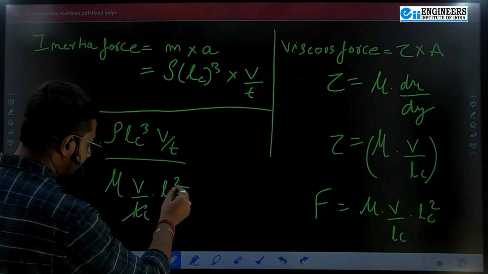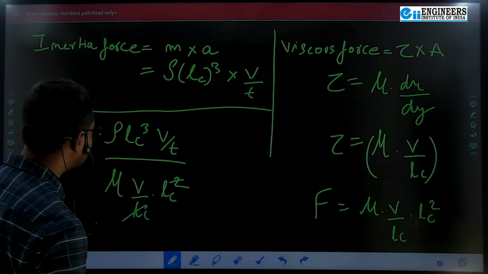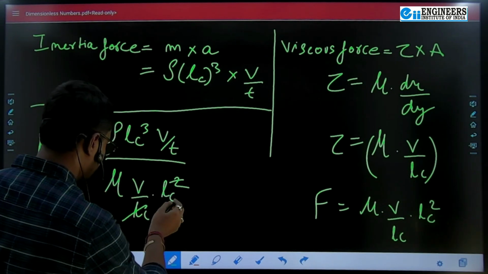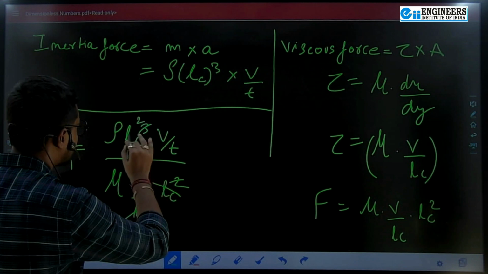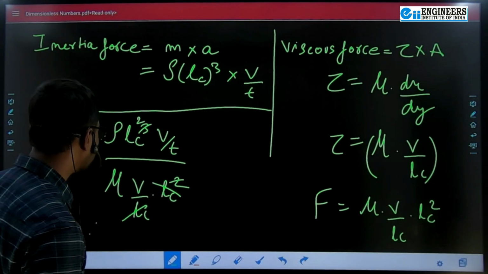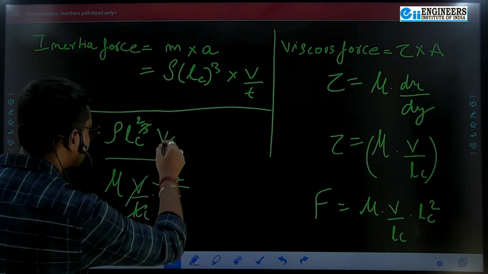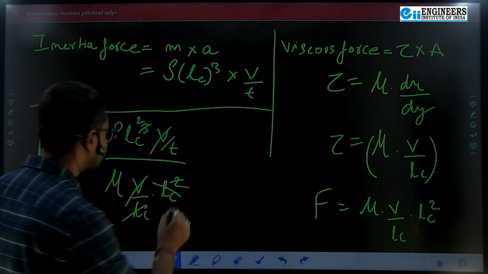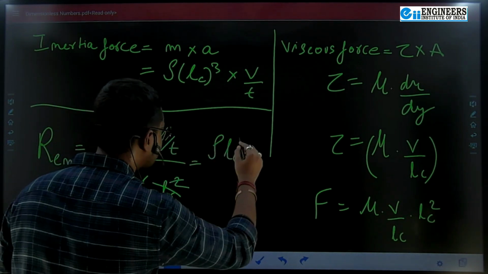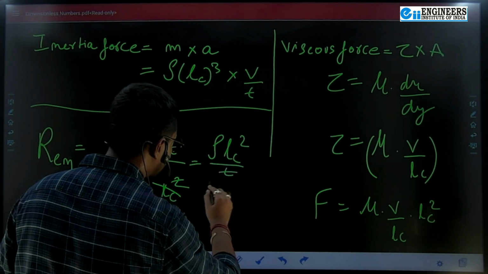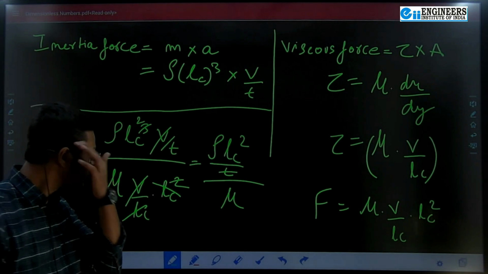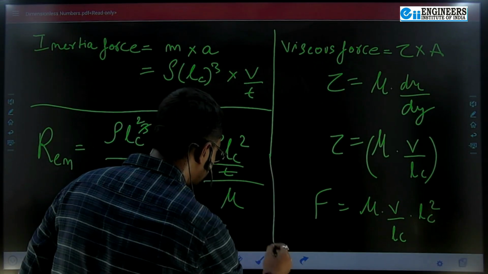One LC and one LC get cancelled, so it turns out to be LC square, and one velocity in the numerator and denominator also cancel. What we are getting is rho LC square divided by time and divided by mu. Now we also know.